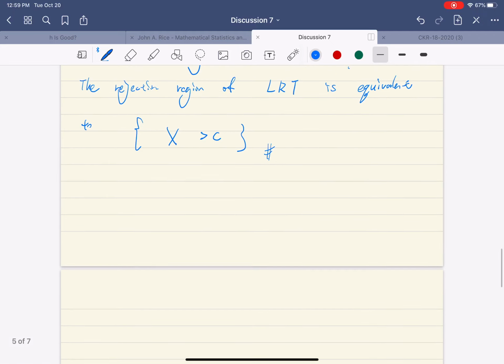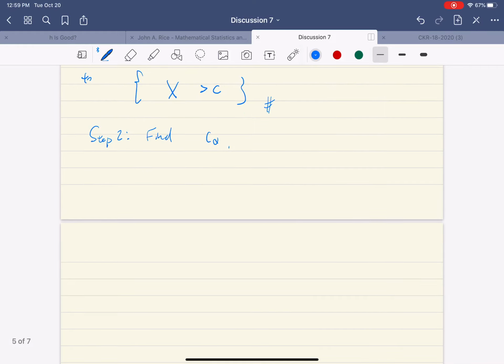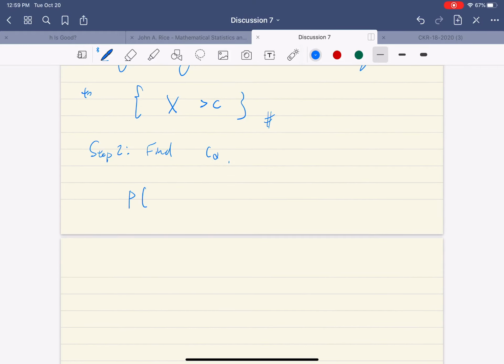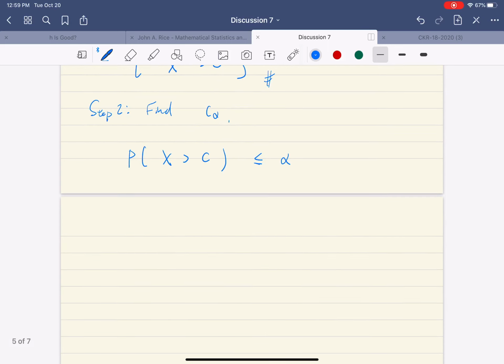Okay, and then we have to find the critical value c alpha. So step 2, we have to find c alpha. First, we want to find c such that this probability is smaller than alpha, so we need a critical point c, and we call the value c alpha.